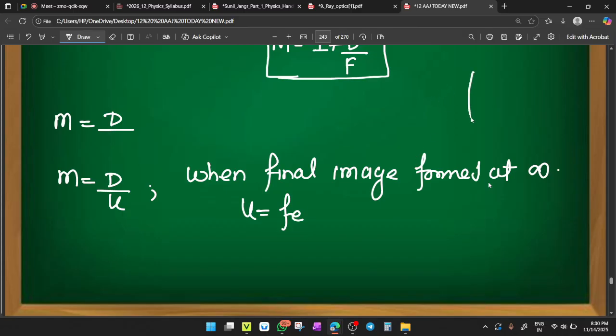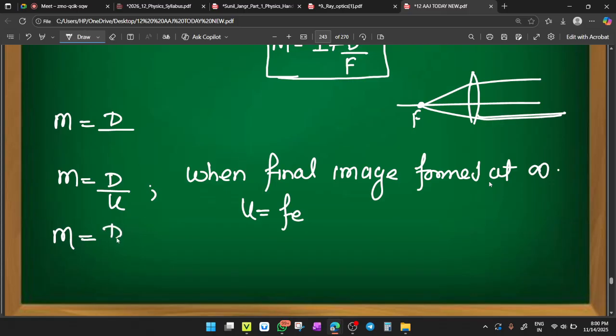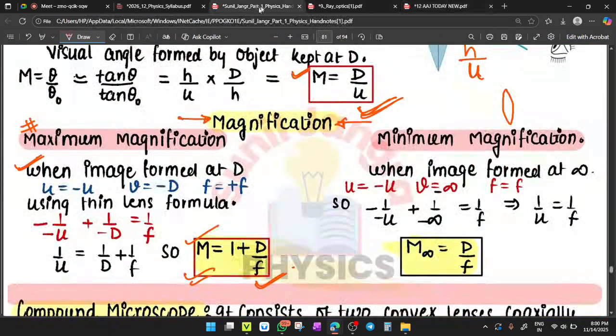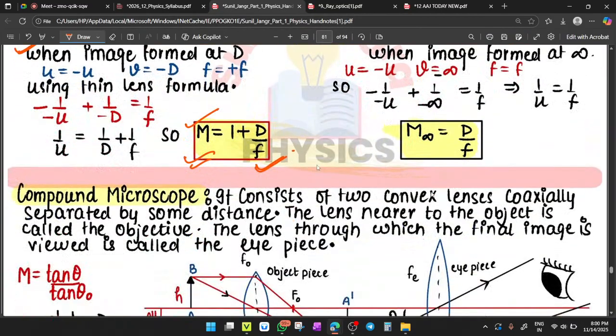So you have to place F here. So M equals D upon F. This is the value for minimum magnification. Clear? So this case is written as M infinity equals D by F.